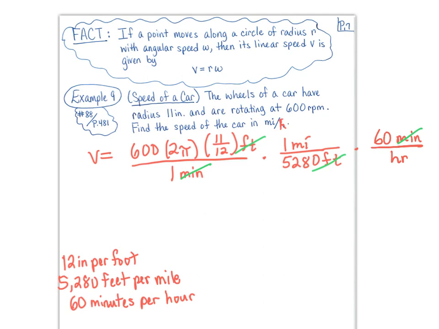Then you go through and evaluate. Do you want a minute to evaluate it? Okay, go. You would end up with 39.3 what? Miles per hour. Or you'd have 12.5 over pi miles per hour.